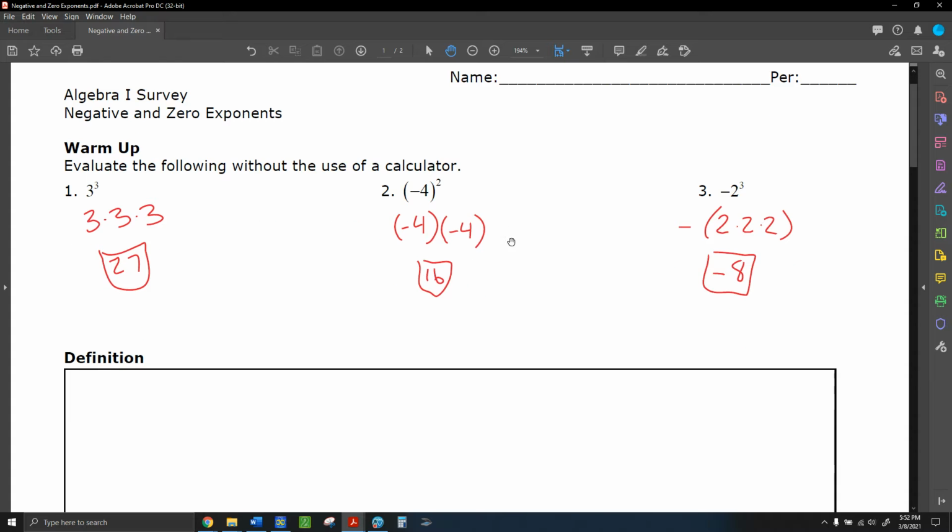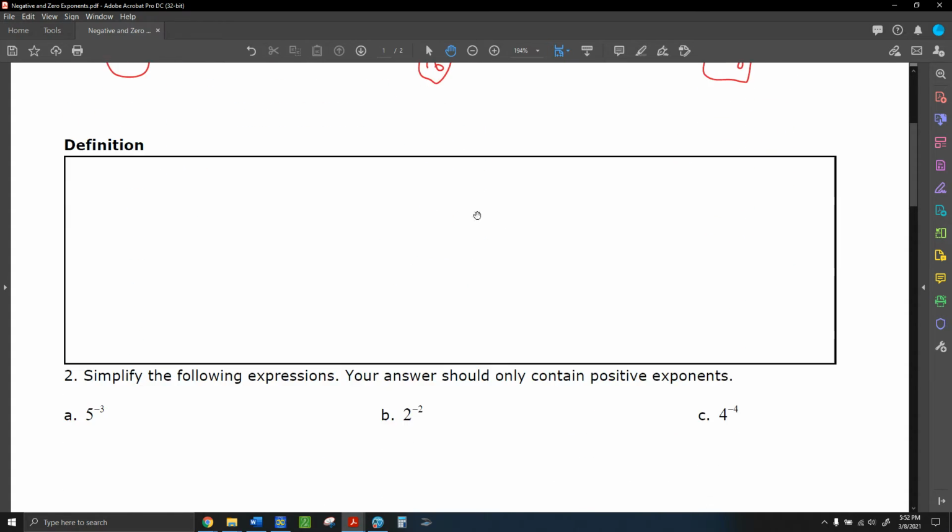All right, so today we're going to go ahead and talk about negative exponents. So let's go ahead and define that. Negative exponents.